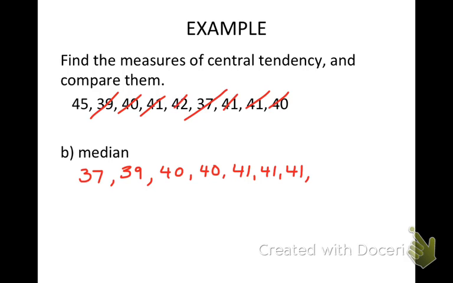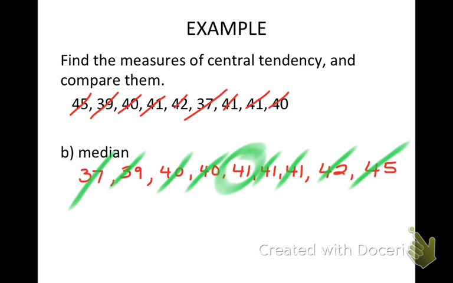And then a 42. And then a 45. So since we have 9 digits, am I going to have a middle value? Yes. And if you literally would just check off, check off, check off, you get to your middle one.